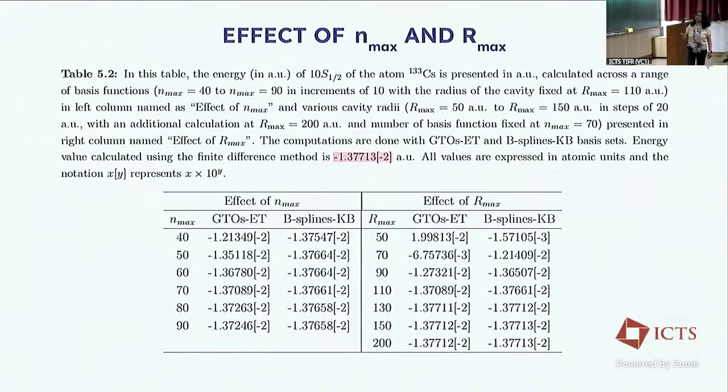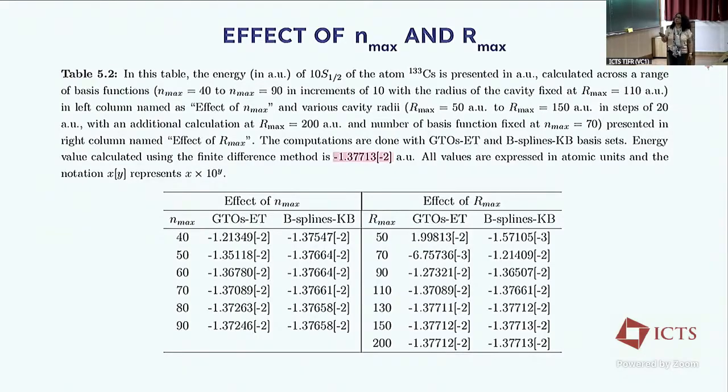Also, there's a provision where we can find the optimum value of the number of bases and the cavity radius you want to use for your calculations, so that you can choose the optimum value of these parameters. Obviously, if you use more bases and a large cavity, you will get better results, but that's going to increase the computational effort.